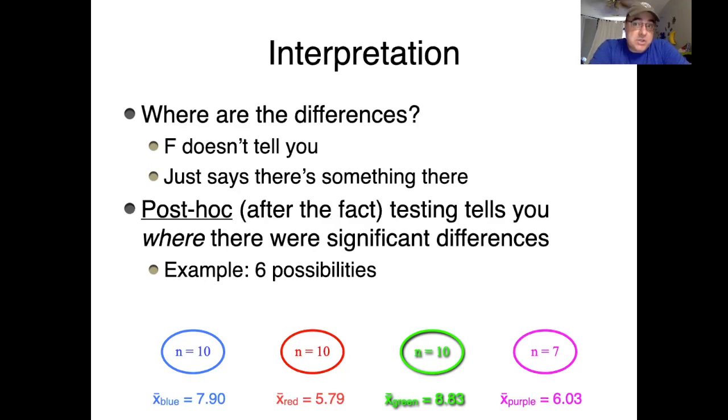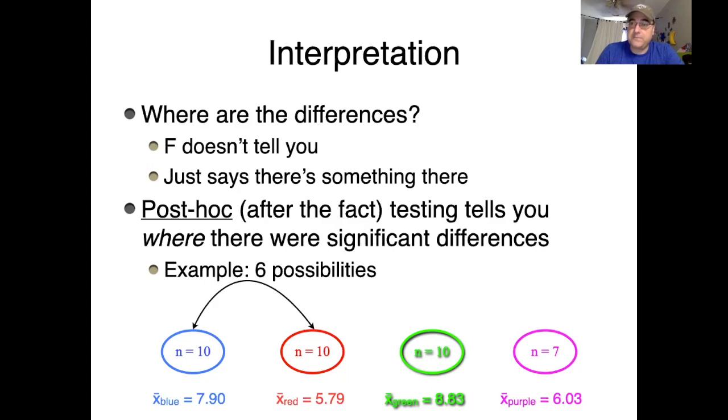So what we're going to have to do is this thing called a post hoc. Post hoc is Latin for after the fact. And we're going to, after the fact, go back in and ask where the statistically significant differences between the groups were. In a study with 4 groups, there are 6 different potential hiding places for statistically significant differences between groups.